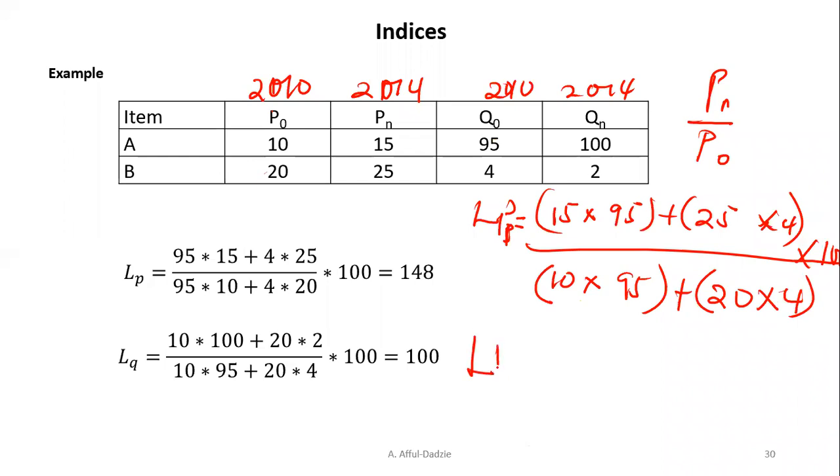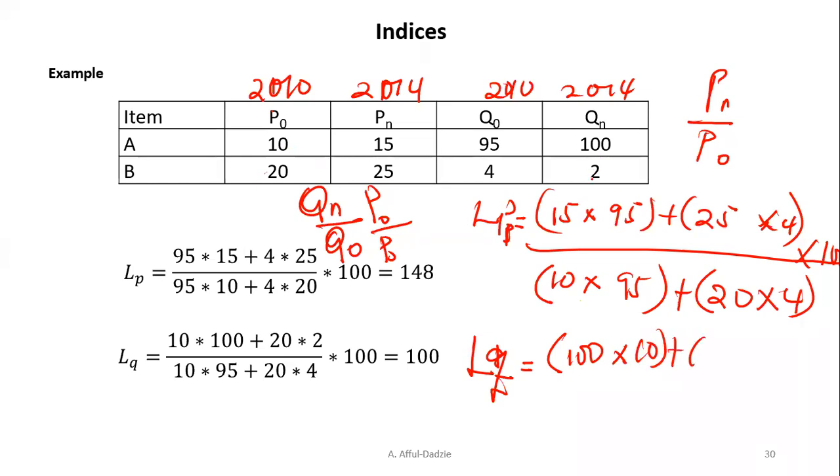Now if you're finding the Laspeyres quantity index, you're going to do quantity n over quantity naught, but remember that the price naught would be the weight. So here, let's take quantity n as 100, we'll multiply it by the price naught, which is 10, plus the second one, which is B, which is 2, times the price naught, which is 20.